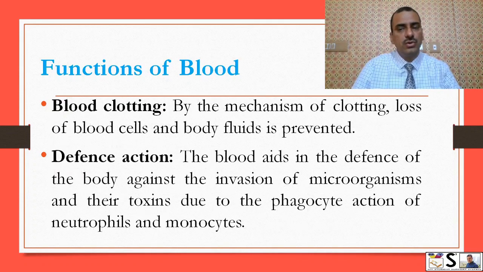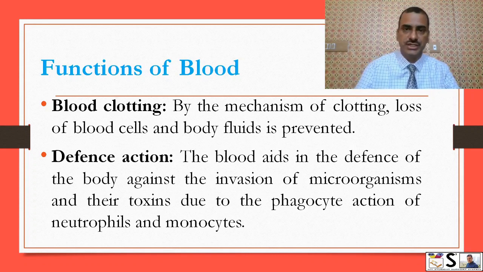By the mechanism of clotting, loss of blood cells and body fluids is prevented. Defense action. The blood aids in the defense of the body against the invasion of microorganisms and their toxins due to the phagocytic action of neutrophils and monocytes.